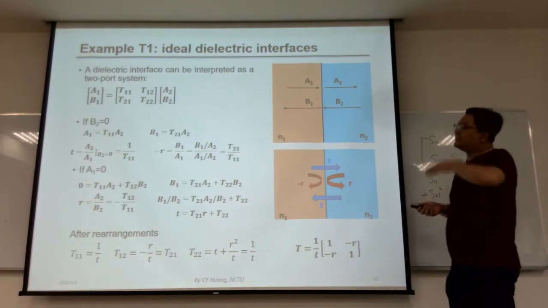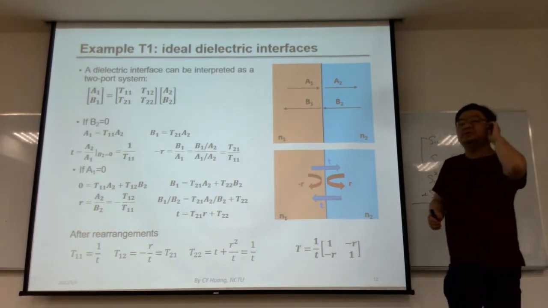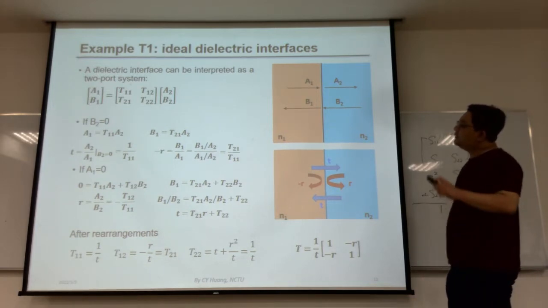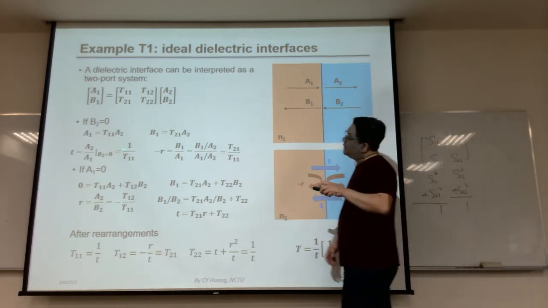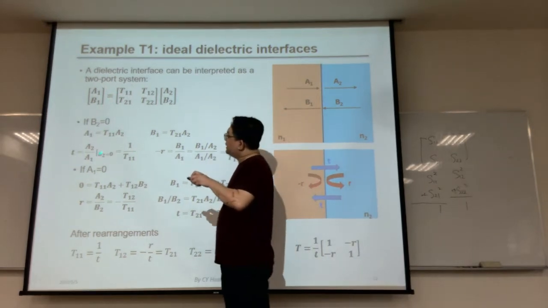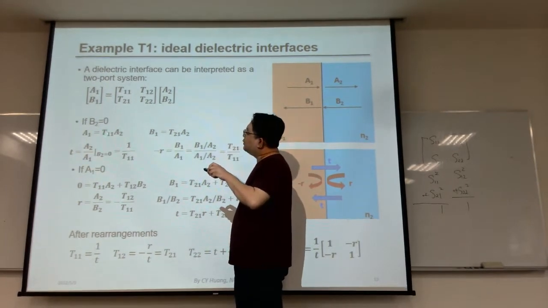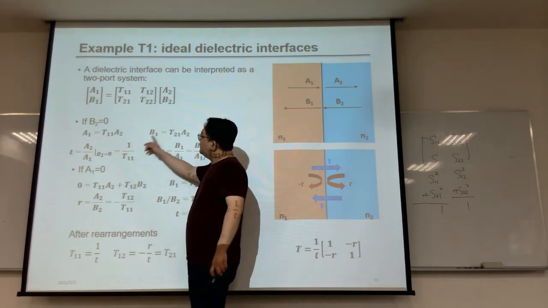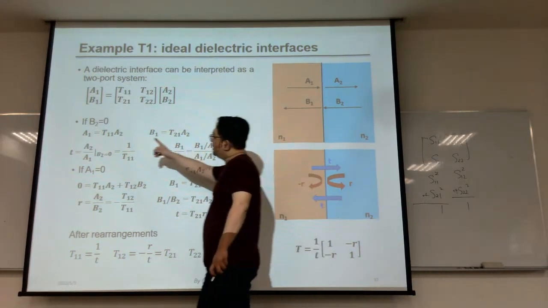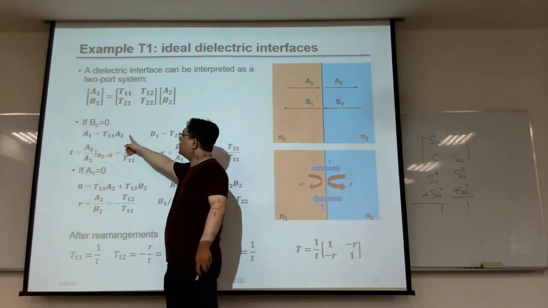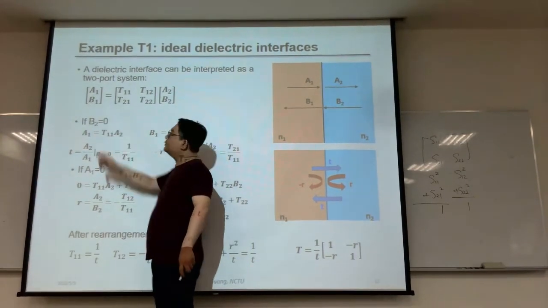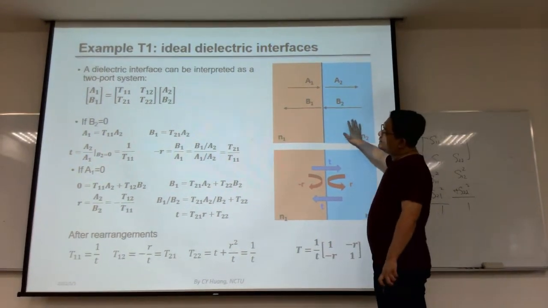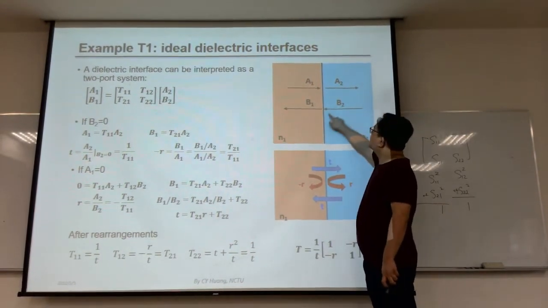Okay, so let's see what the transmission matrix looks like for the two cases again. So similarly, in this case, what will be the T11? T11 will be the ratio between A1 and A2 if there is no B2.